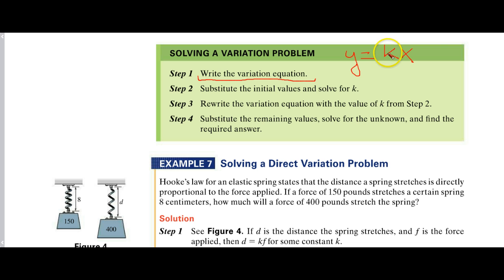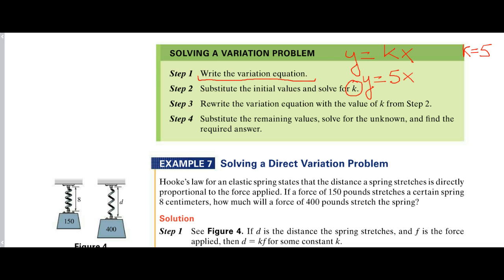Then, once we know what k is, let's say k we find is 5, we then write the equation of variation, which will be y. We replace the value of k with 5, and that would be what we are using as our equation of variation. So basically we want to find out what k is always, and then put it back in the basic form of, for this case, direct variation.